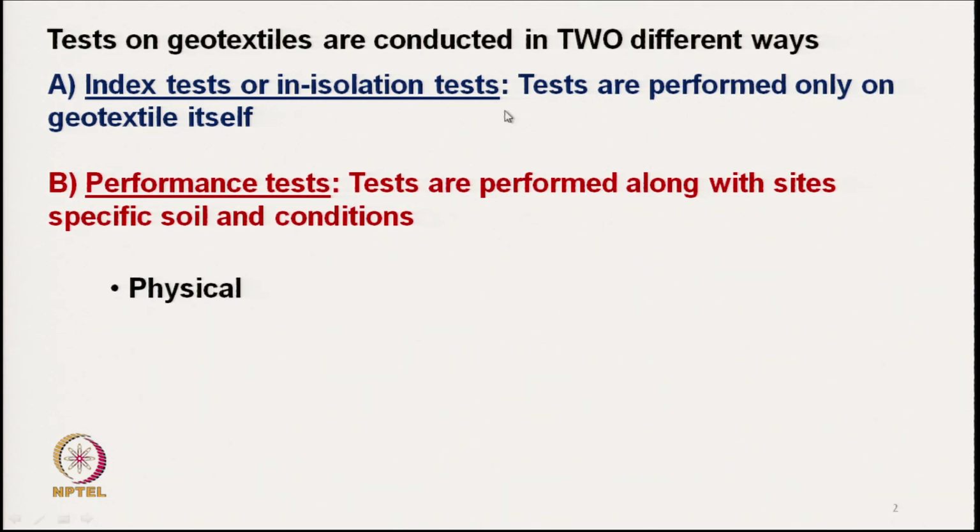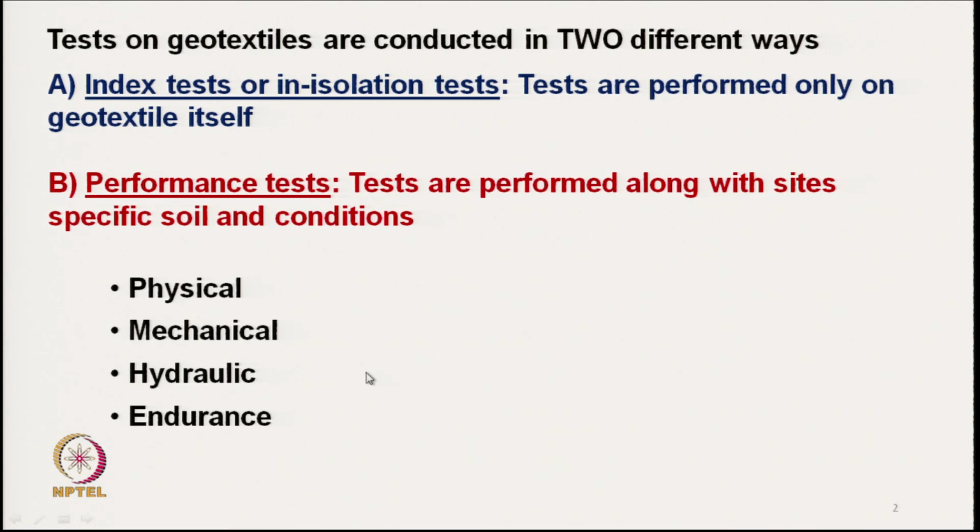The index test is simple, it is quick. On the other hand, the performance test is time consuming and it requires different setups. So, the characteristics of geotextile are divided into three categories mainly. One is the physical test, which deals with the physical characteristics of the geotextile material, then the mechanical test and the hydraulic test.